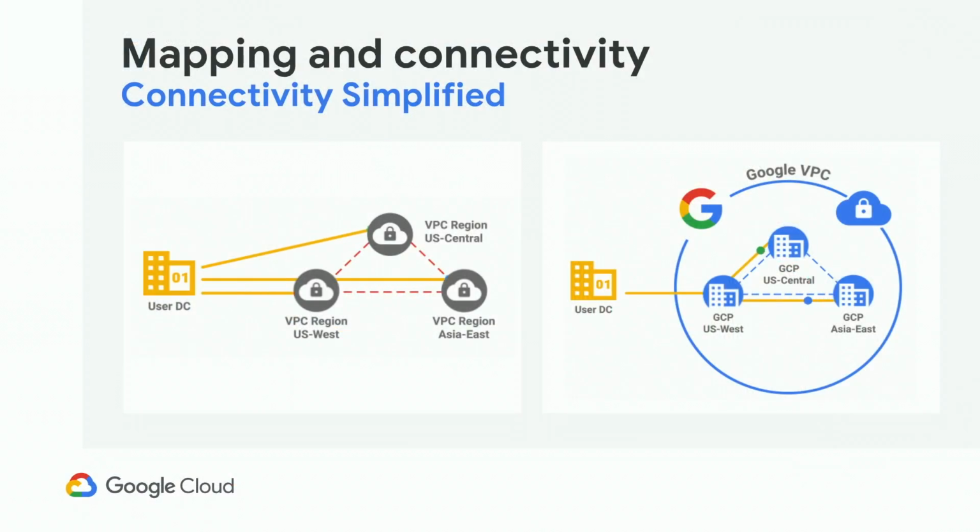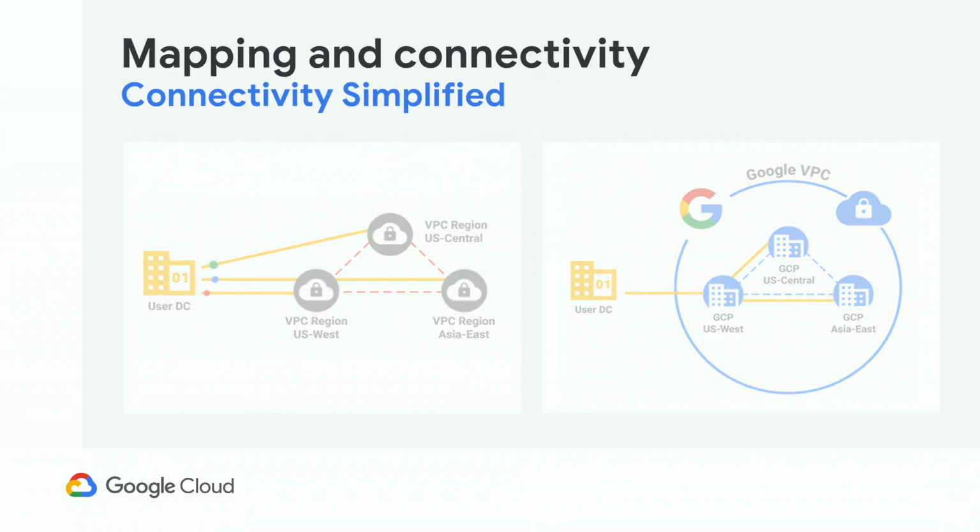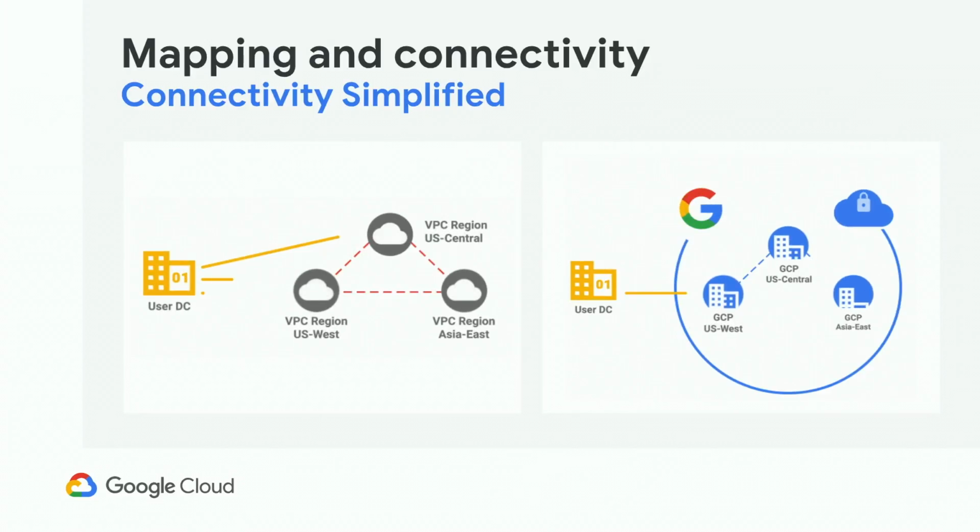Following the slide here, you have on the left a traditional VPC in which you as a customer will come, you will deploy in US West, US Central, Asia East, and then you will need to create a different VPC in each of those regions.